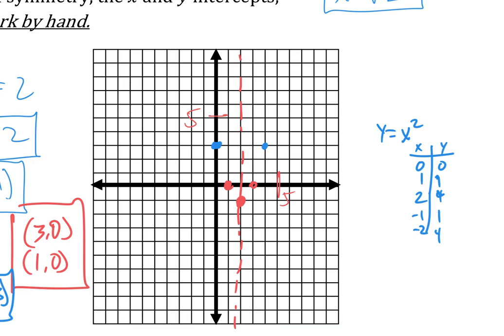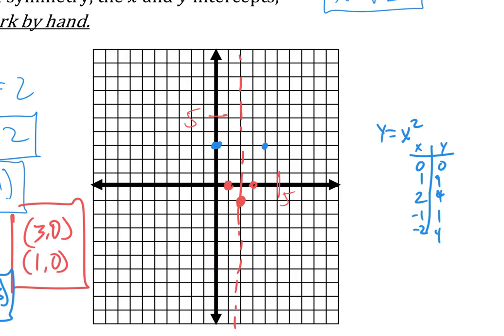So from the vertex, we can go right 1, up 1, there's a point. 2, 4 means from the vertex, go right 2, up 4, there's a point. Negative 1, 1 means from the vertex, left 1, up 1. Negative 2, 4 means from the vertex, go left 2, up 4.